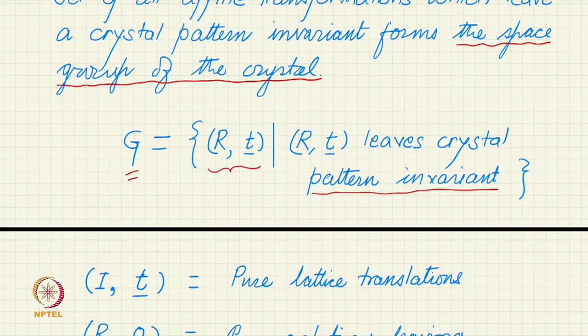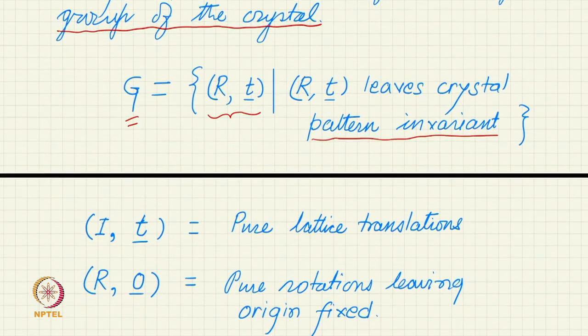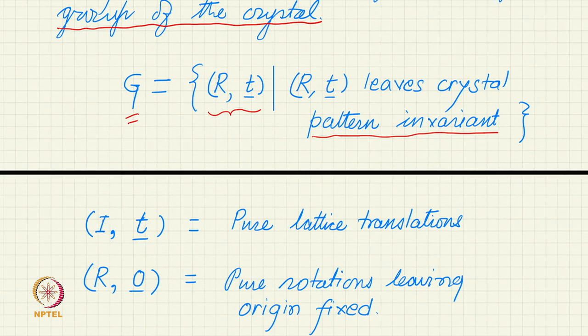Now, we can have various kinds of affine transformations. A special kind of affine transformation is one in which the rotation part is an identity. If the rotation part is an identity, then there is no rotation really.